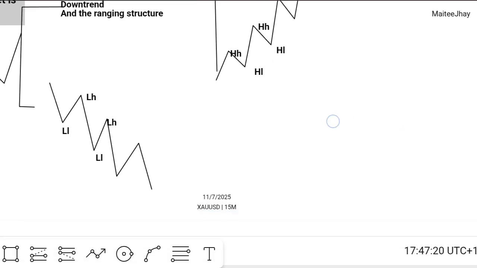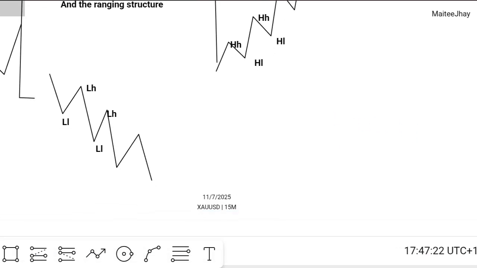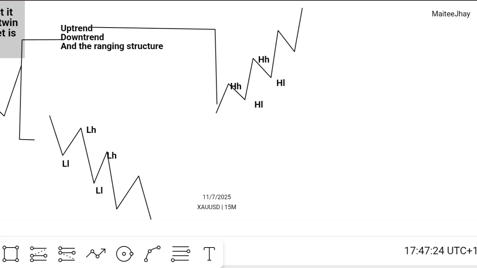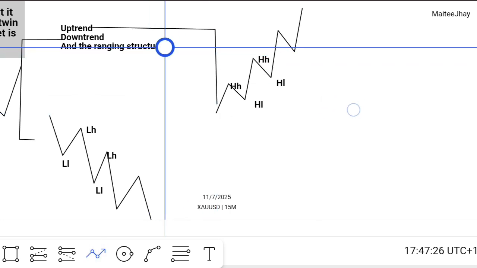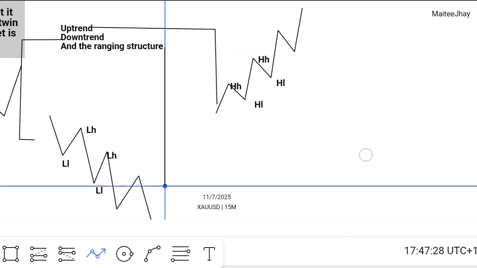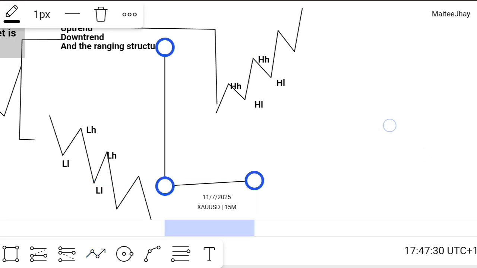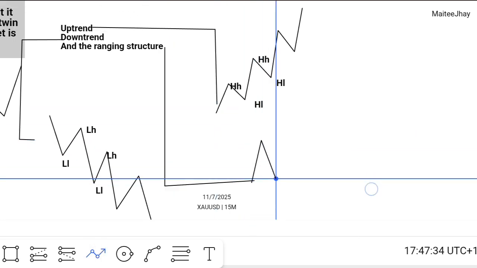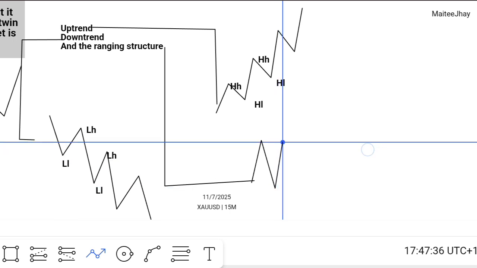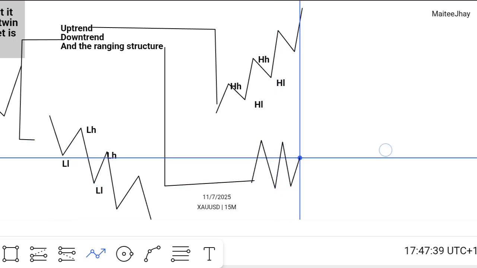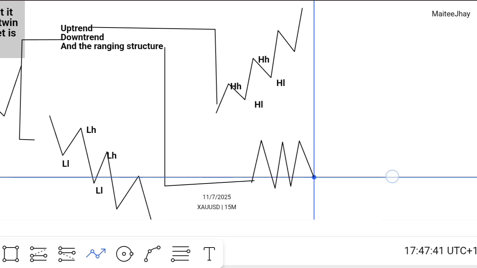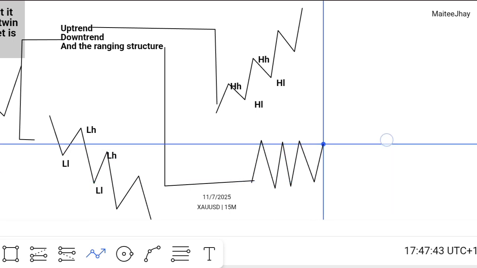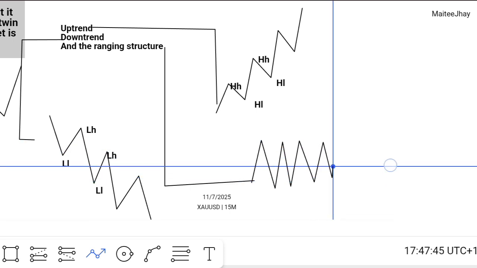And then the ranging market is a scenario whereby the market is just moving sideways, making equal highs and equal lows, equal highs and equal lows.